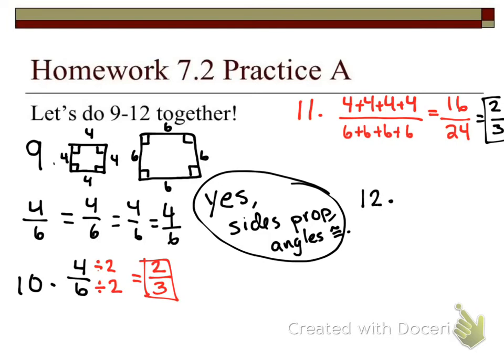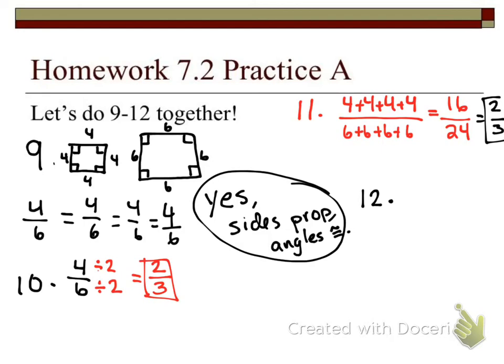And then number 12 is a really interesting problem. It says, are all squares similar? What are the two things you need to be similar? The angle and the side. All the angles are the same and all the sides are proportional. Will that happen with squares? All squares have what angles? 90 degrees.